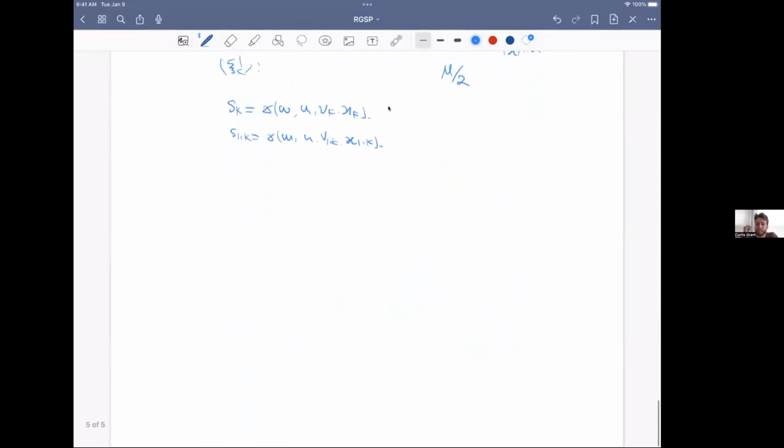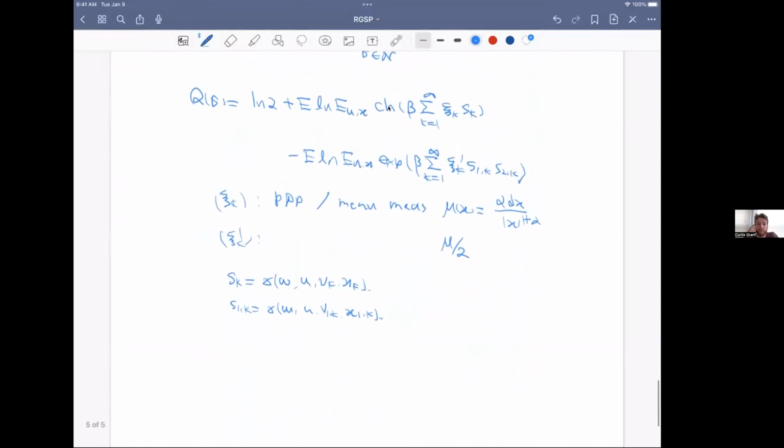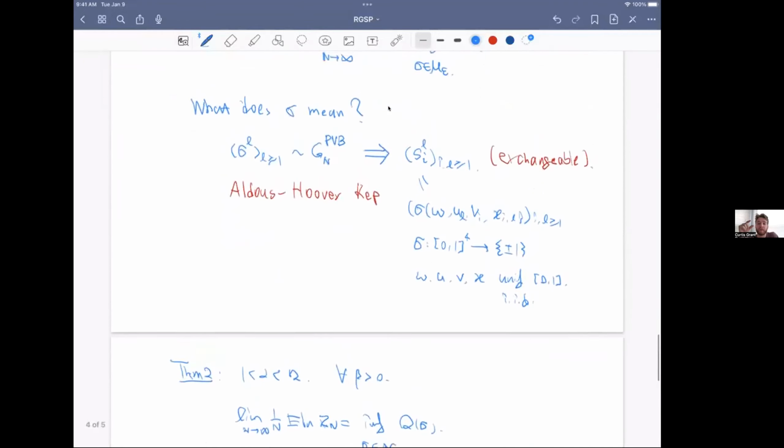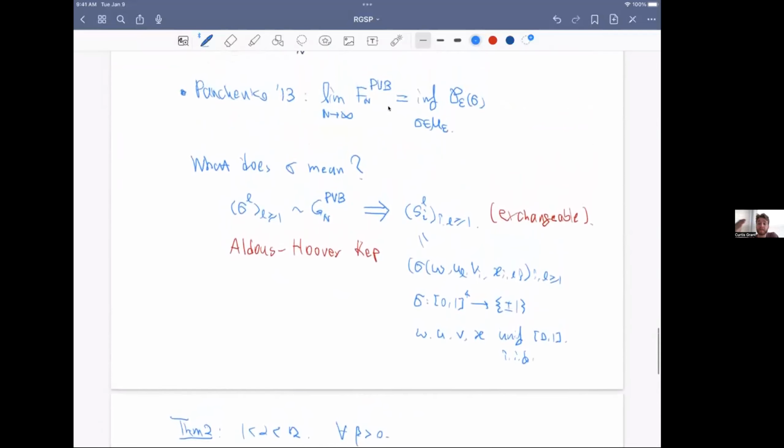Can I ask a question? Yes, go ahead. In the PVB model, do we know if the functional has unique minimizers, in the same way that we know in p-spin models? Unfortunately, not really.